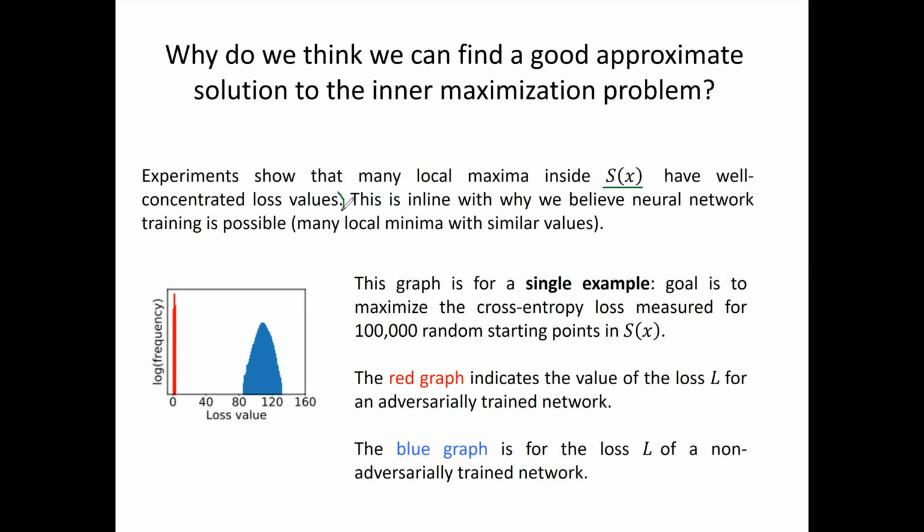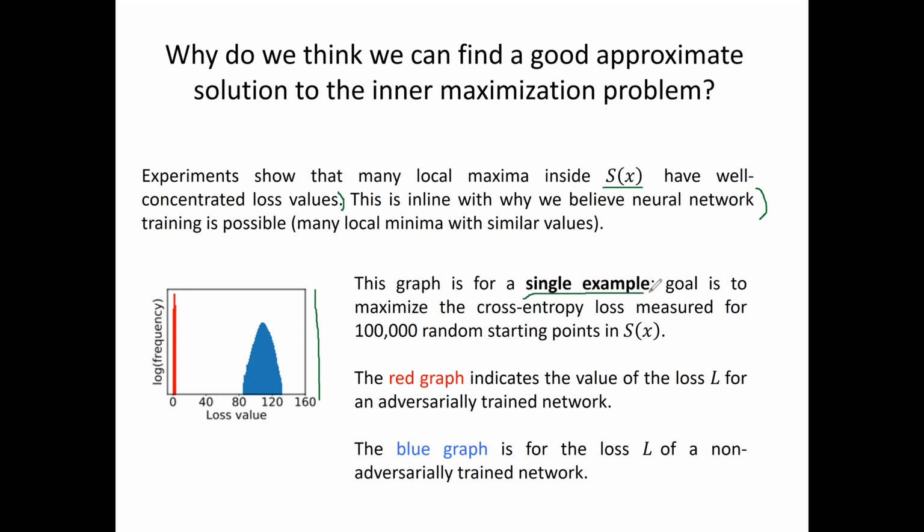So there are many, if you want, good points which you can train on, which is in line with a hypothesis for why neural network training works altogether. There are many good points that perform well. Now this graph over here is produced by picking a single example just to illustrate this point above.